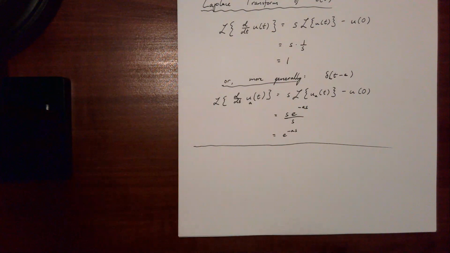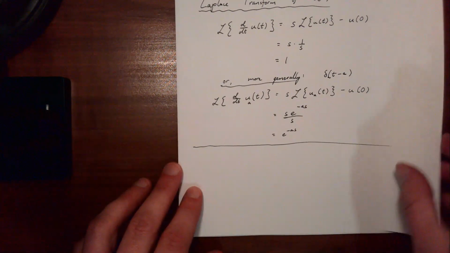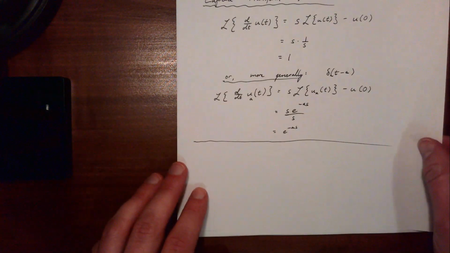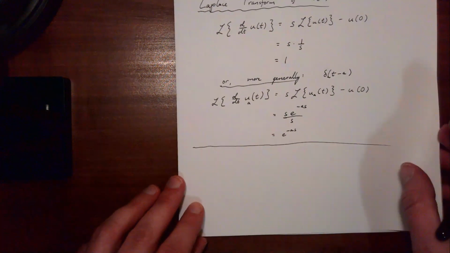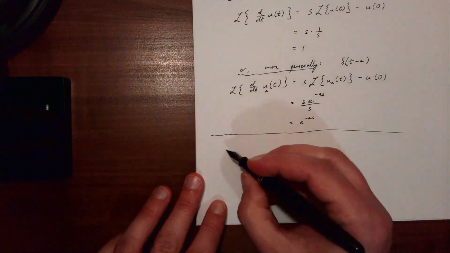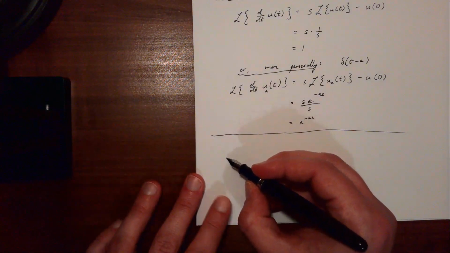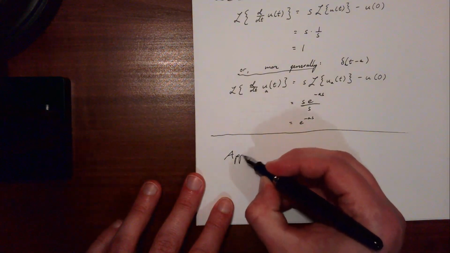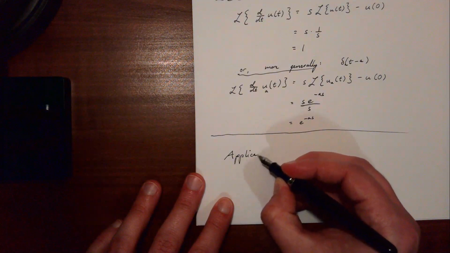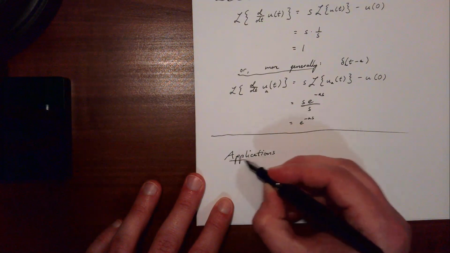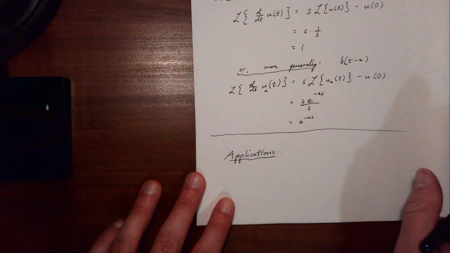Now, what are we ever going to use these for? Well, one place where we might use them is in a spring system, in particular a spring system in which we will be applying a force in a sudden way. So let's look at some applications here.